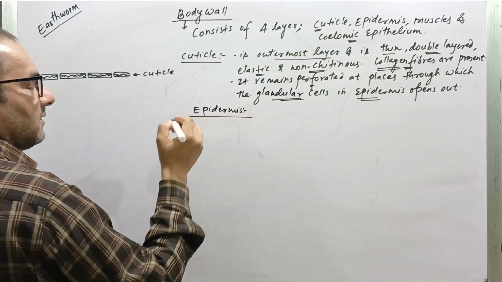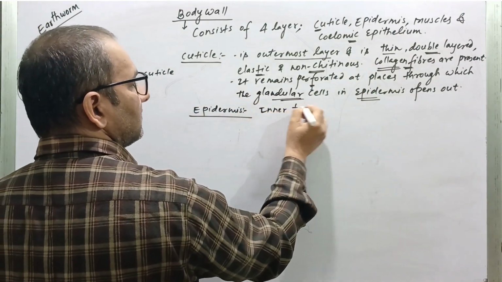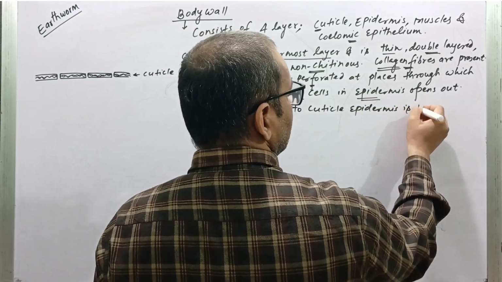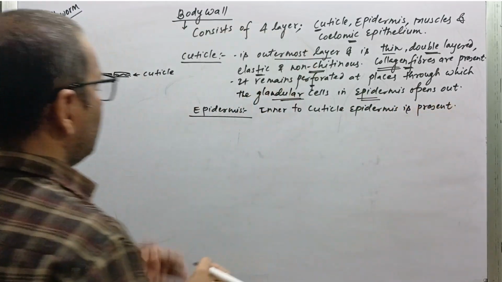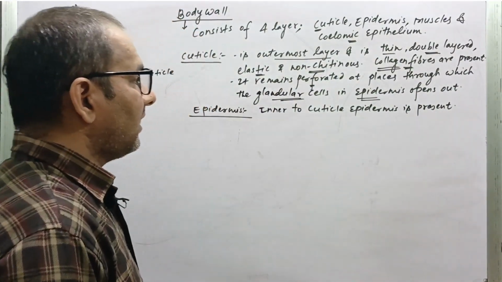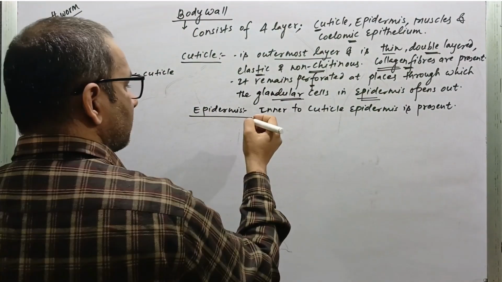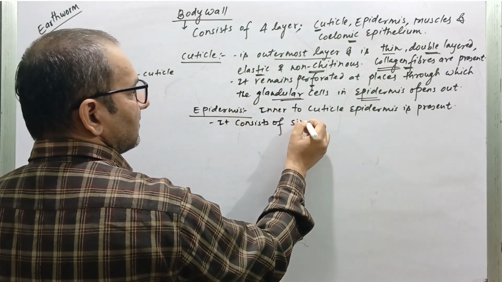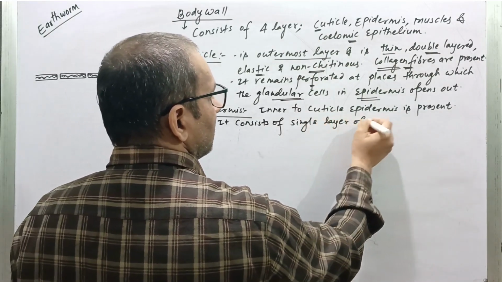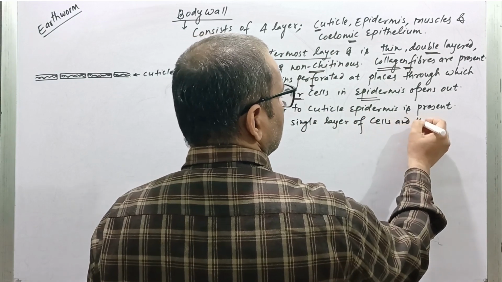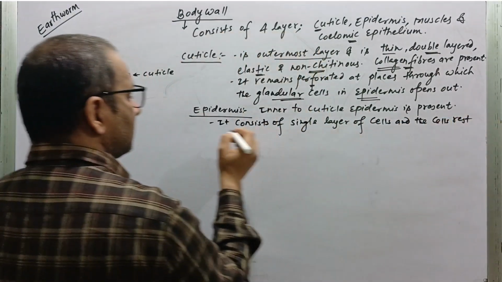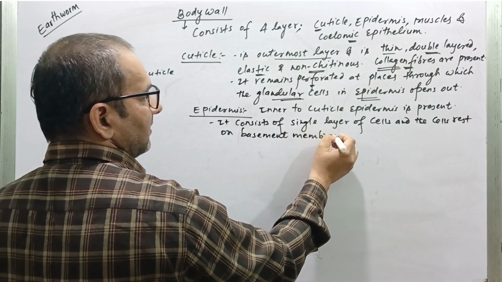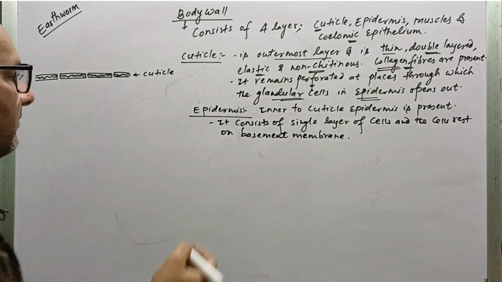Epidermis consists of single layer of cells, and the cells rest on a membrane. That membrane is called as basement membrane. The epidermis consists of different types of cell.